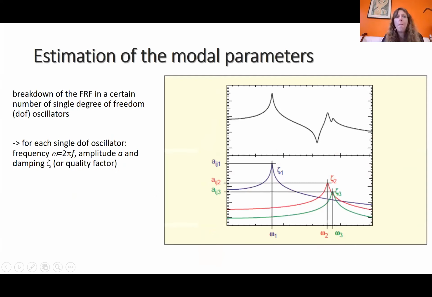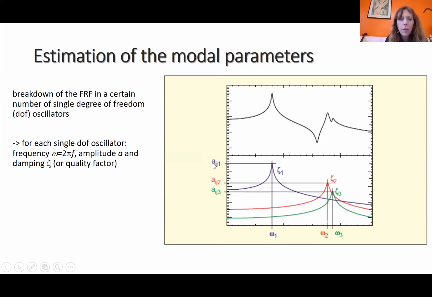So what happens after that is we want to estimate what we call the modal parameters. So a resonance or a mode corresponds to one single degree of freedom oscillator. And one single degree of freedom oscillator has three parameters. The omega here, or f, which is the frequency of this mode.